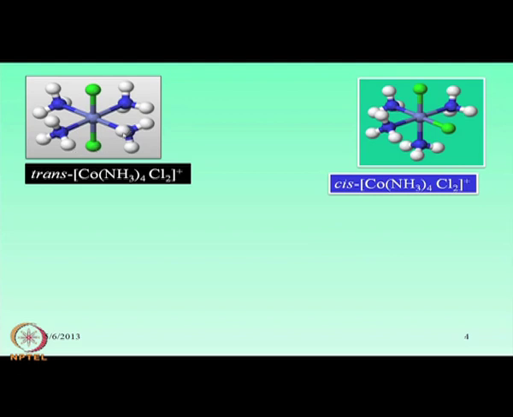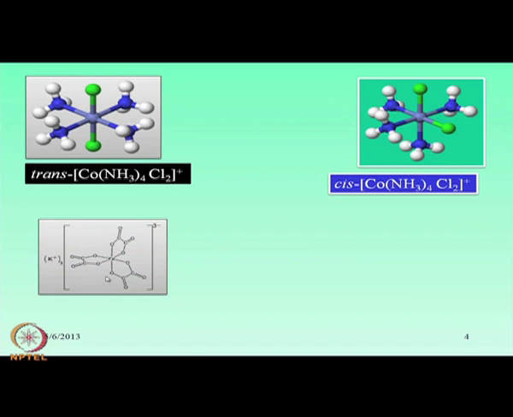If we interchange these two positions, bringing the chlorine to the nitrogen position and the nitrogen to the chlorine position, we get the corresponding cis compound, another geometry in octahedral coordination.